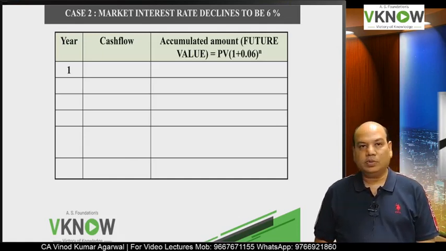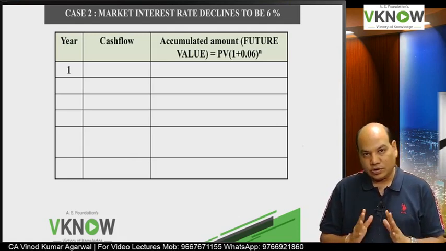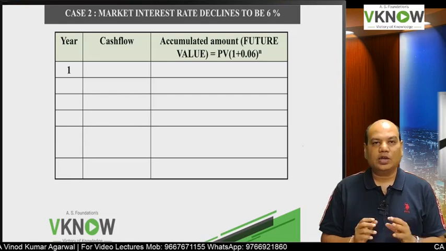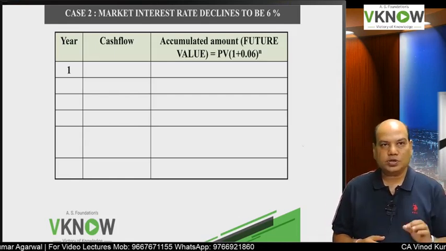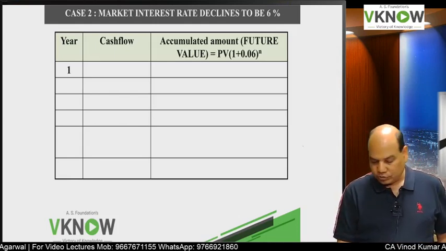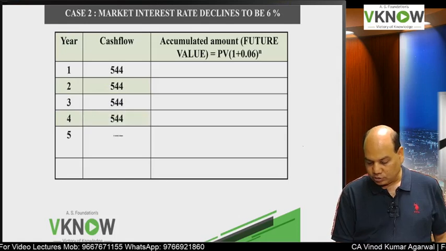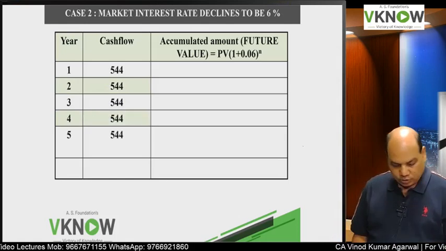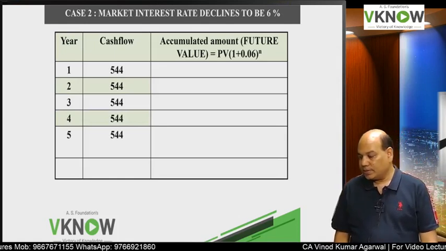You will be able to reinvest the coupon at 6%. And while calculating the value of the bond at the end of 5th year, you will use 6% discount rate. So write down the same format, same cash flow also, but the calculation of interest will be based on 6%.